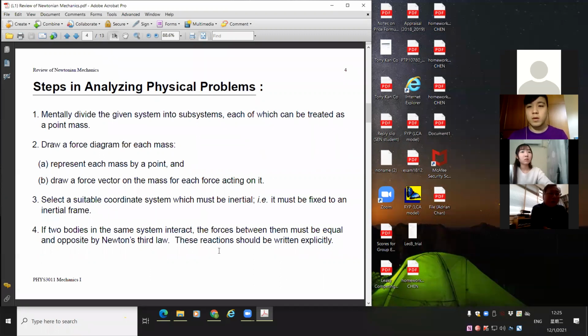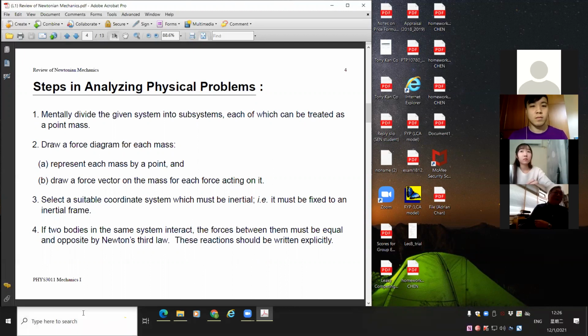So if we have a several-bodies problem, say for example, a trolley on an inclined plane, and we have a wheel rolling down. There are several bodies in the problem. What we need to do first is to divide them into subsystems and treat each of them as a point mass.